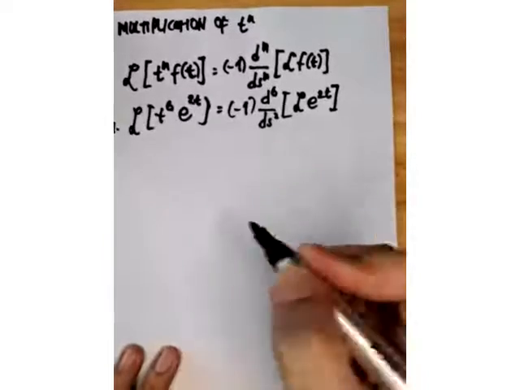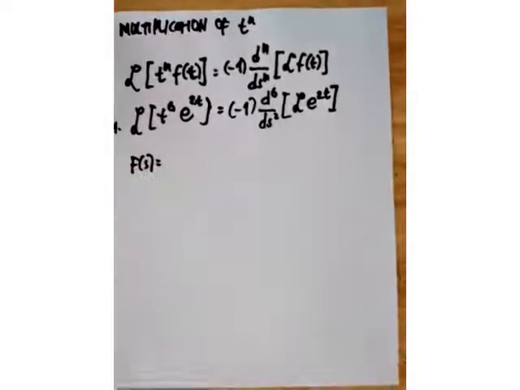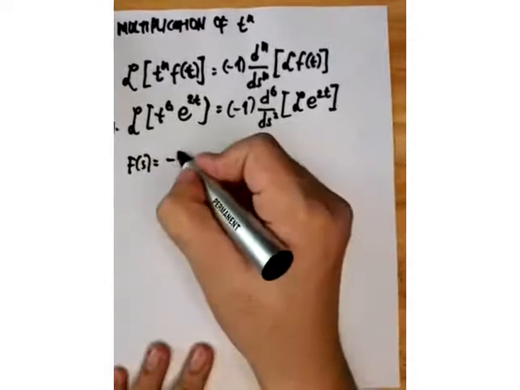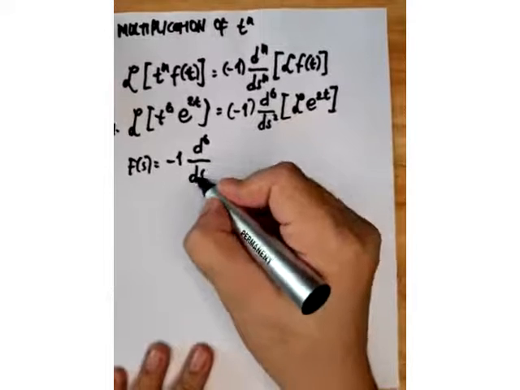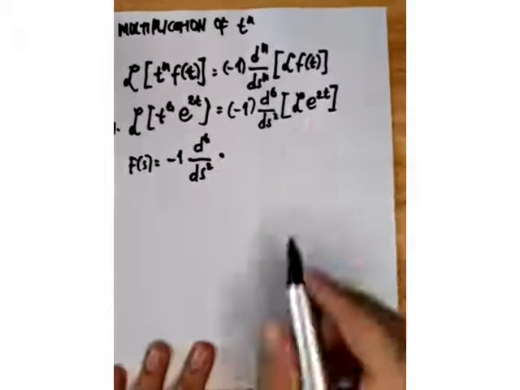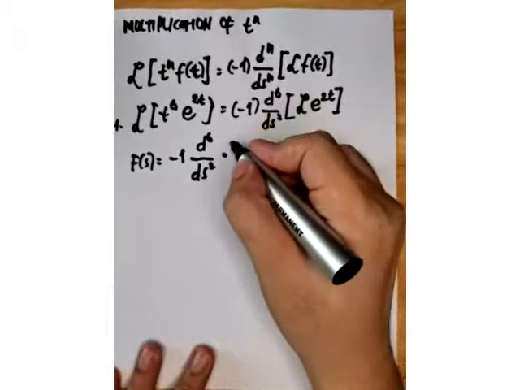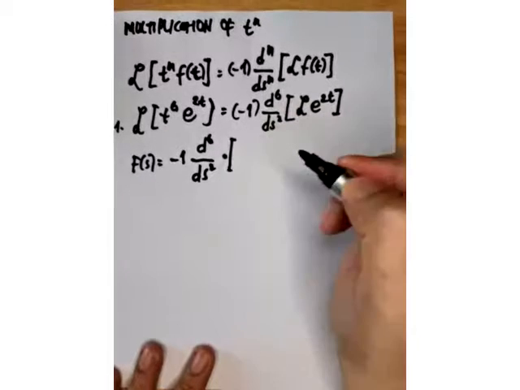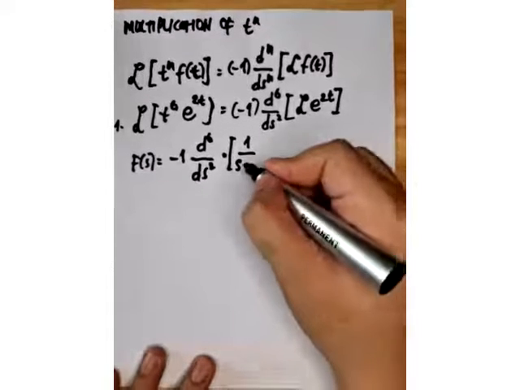So the Laplace transform is equal to negative 1 times the 6th derivative of, what is the Laplace transform of this? Its Laplace transform is 1 over s minus 2.